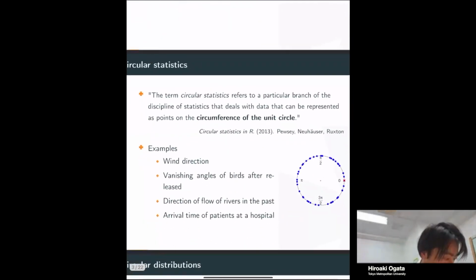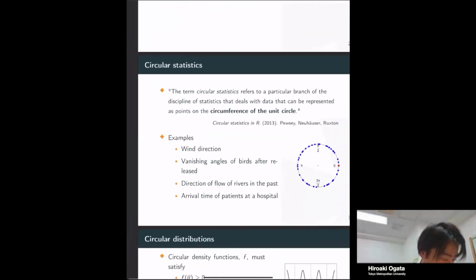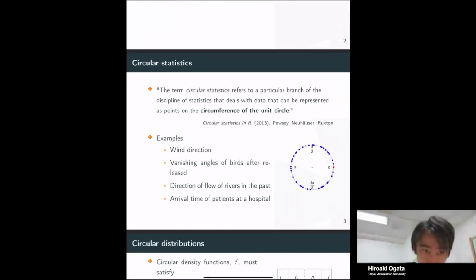This page is a brief introduction to circular statistics, but so far many presenters have talked about circular statistics, so I don't think we need a basic explanation.